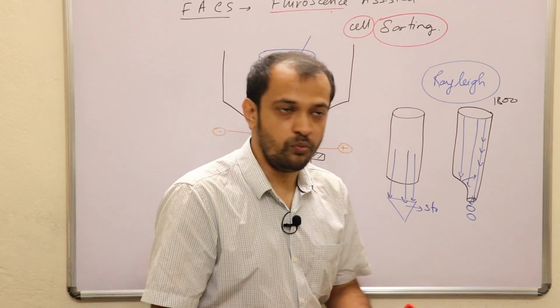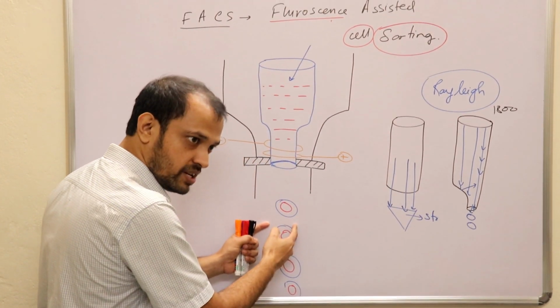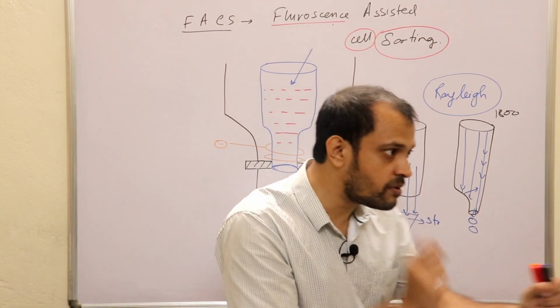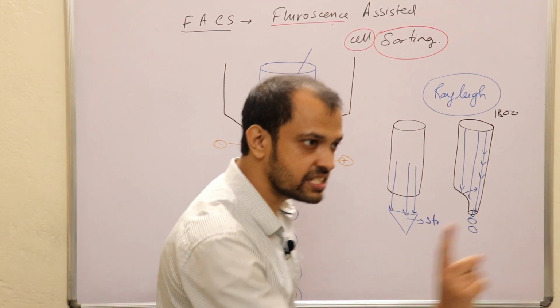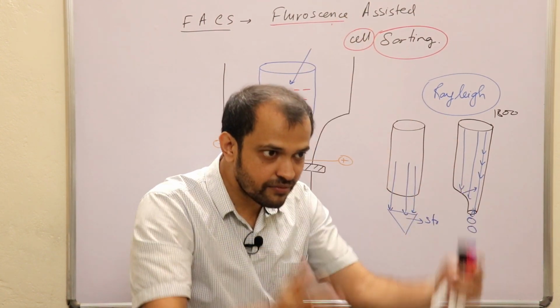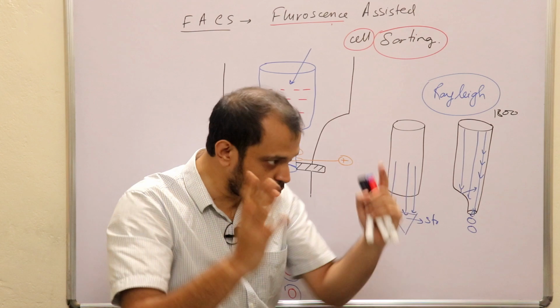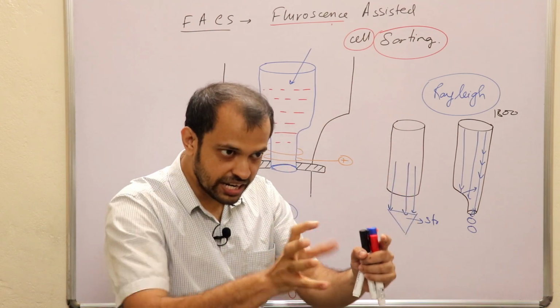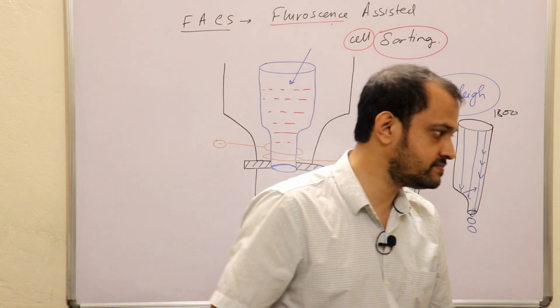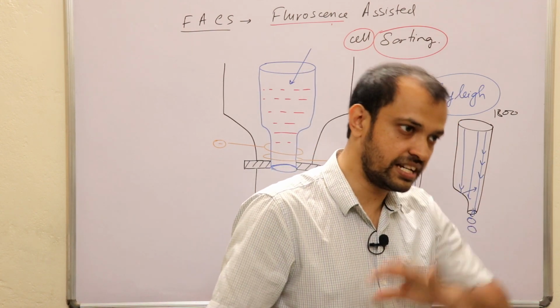That means we will first have to form the droplets, and simultaneously in each droplet we will have to insert one cell. This is our objective. That means we will have to break streamline flowing fluid into droplets, and in each droplet we will have to insert one cell. That's it.